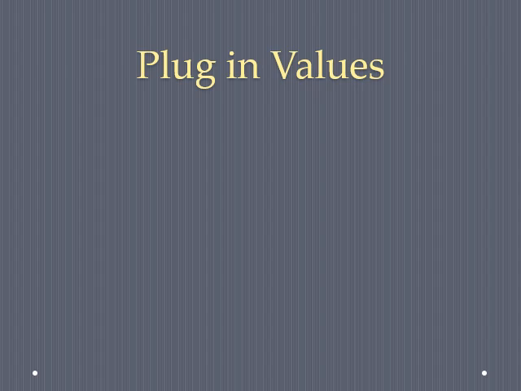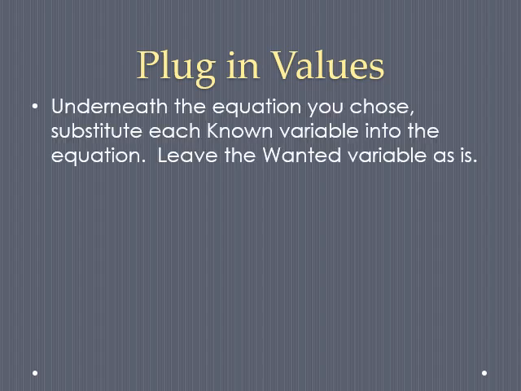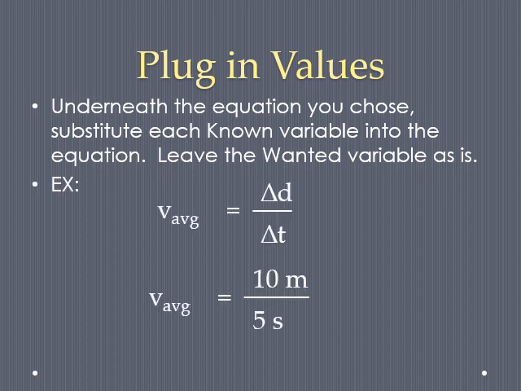The next step is plugging in the values that you know. So right underneath the equation that you wrote, you're going to write that equation again, but this time for every variable that you know, instead of writing the variable symbol, you will write the value. So this is the equation we started with, and this is what the equation looks like with those values plugged in, right?